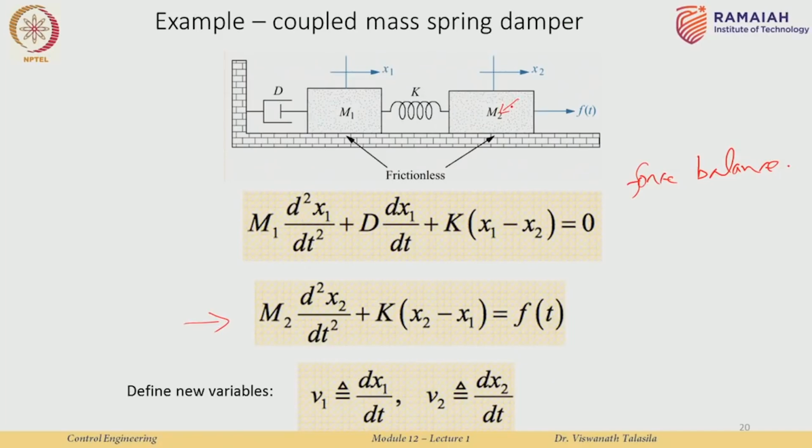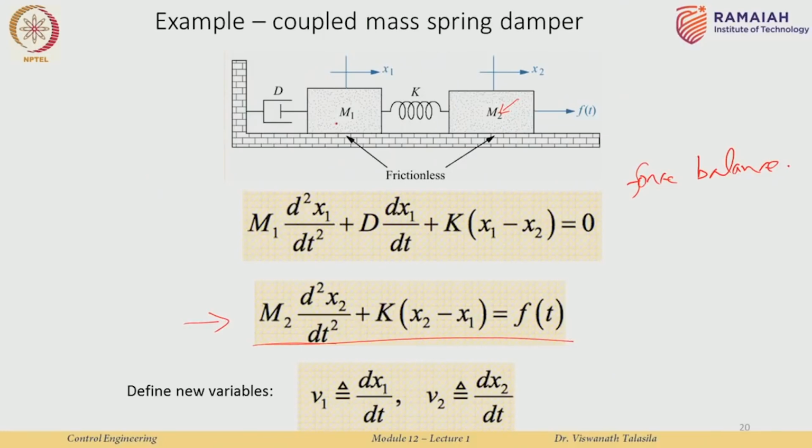One is an acceleration component on mass 2, so that is mass times acceleration over here, and then the spring which is coupled between mass 2 and mass 1, and you have already seen in the previous lectures how to write these dynamics. So, it is basically K times x2 minus x1, that is the displacement between the two masses, okay. So, this is the second order differential equation for mass 2.